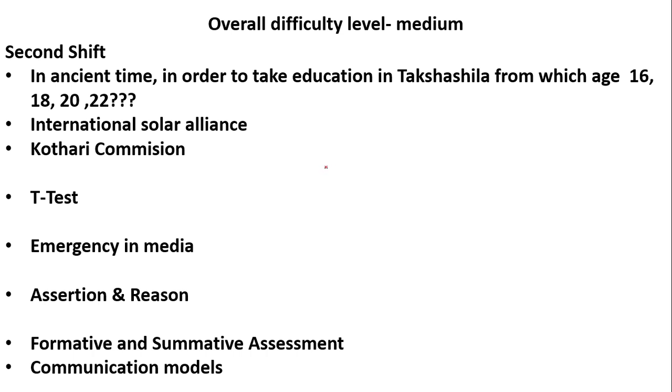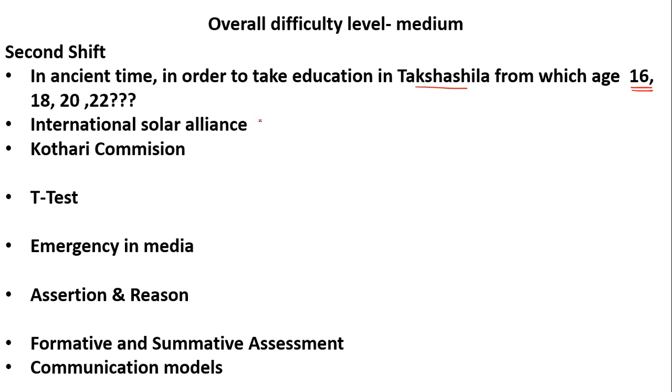One question was asked, okay, second shift, that in ancient India, in order to take education in Takshashila, from which age? Okay, what was the minimum age from which Takshashila gave admission to students? The correct answer is 16. Those who have marked 16 there as their answer is correct.